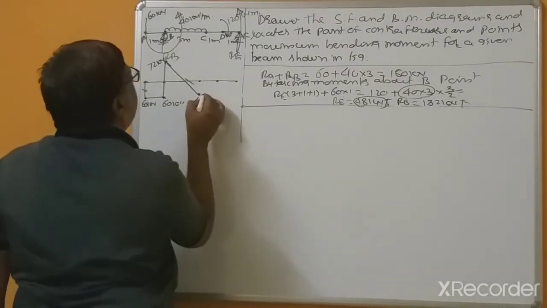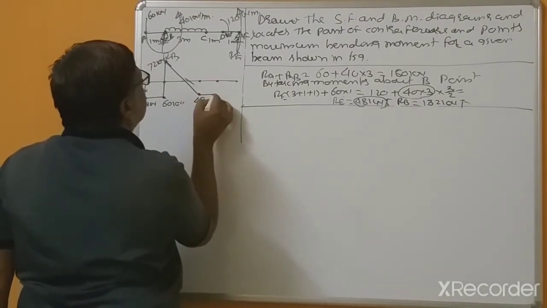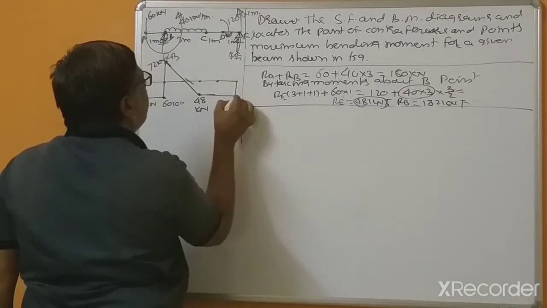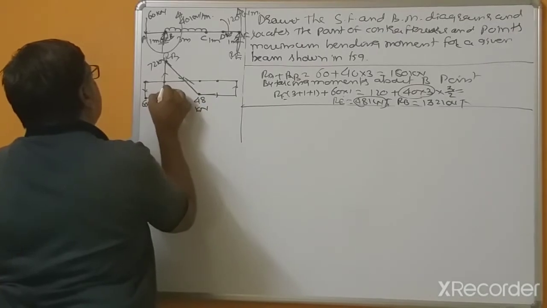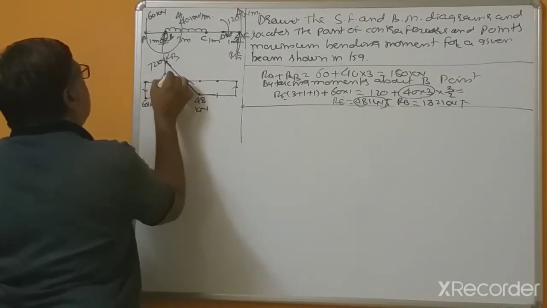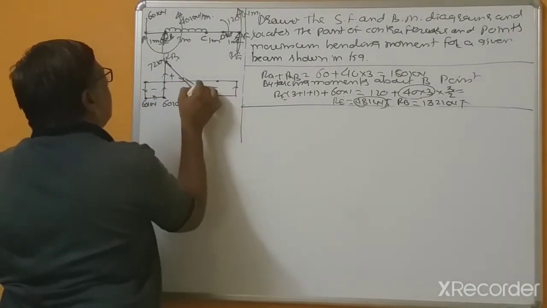Up to D point there is no force, and here RE upward. So this is your shear force diagram. This is negative, positive, this is negative.